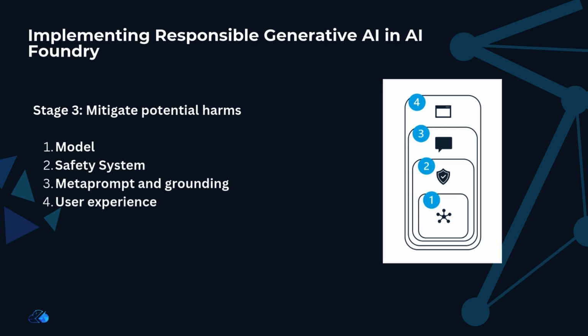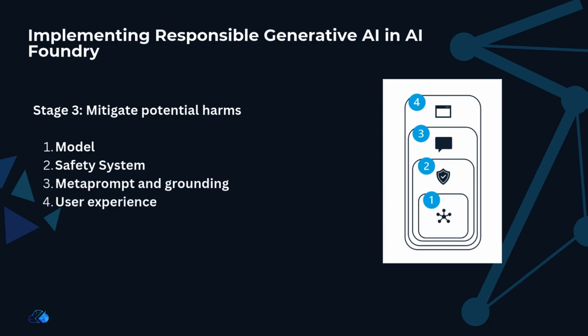Implement content filters like Azure AI's classification system for harmful content, and use abuse detection algorithms to flag suspicious patterns. And third, the meta prompt and grounding layer, where you can define system inputs with behavioral guidelines and use prompt engineering and retrieval augmented generation for more reliable responses.